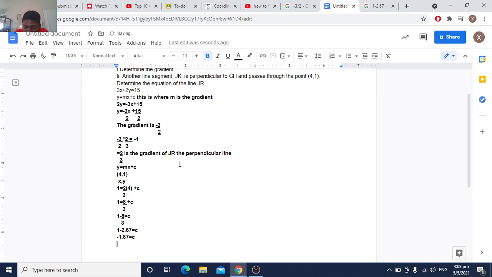So now that we know c, we can go back to the formula. y is equal to mx plus c. Now we know what c is.